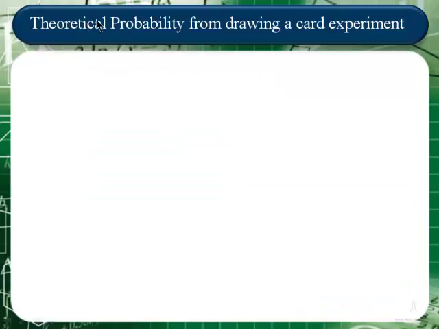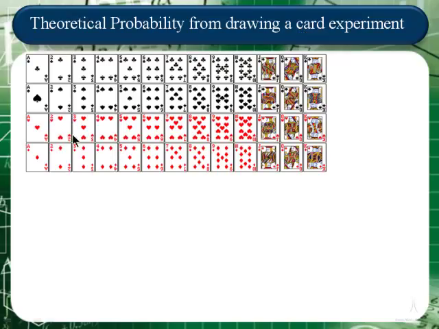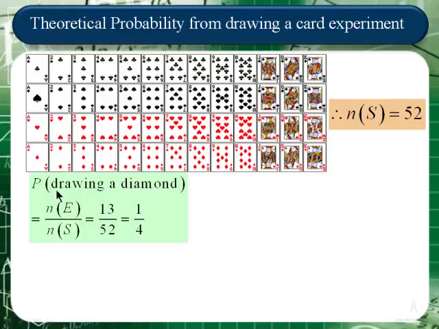Next, we look at the theoretical probability from a drawing a card experiment. Here is an illustration of the 52 cards in a standard deck. So the cardinal number of S, the sample space, is clearly 52. We can identify various events. For instance, the event drawing a diamond.